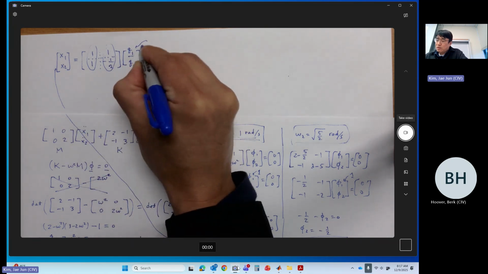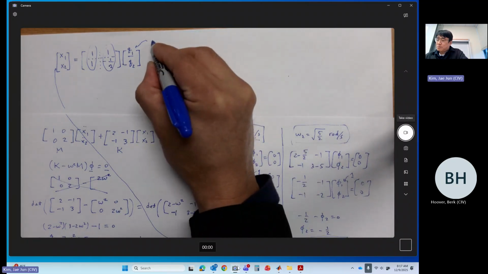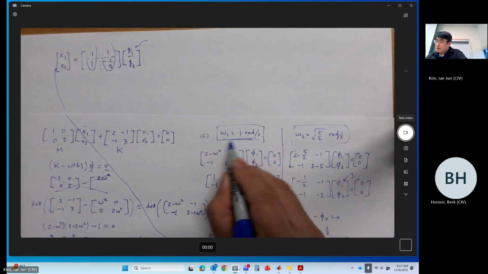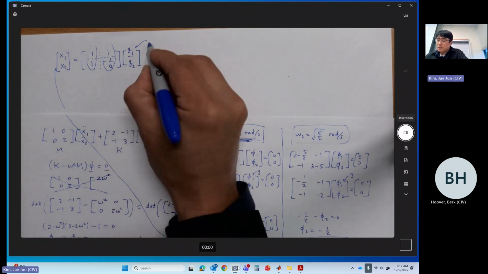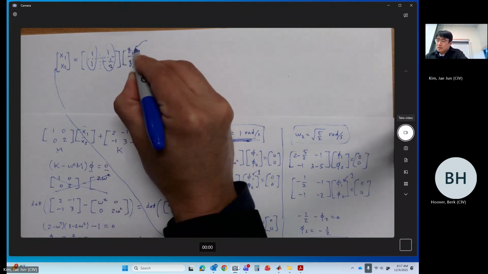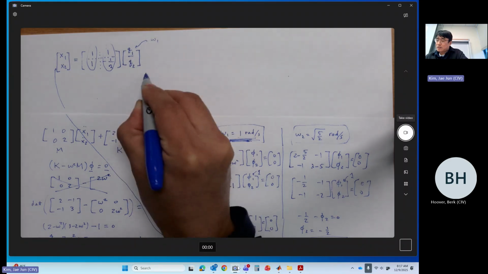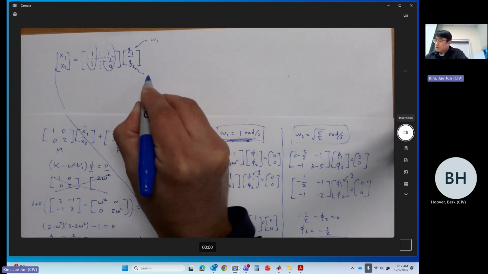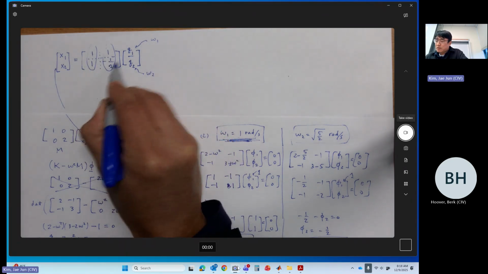So Q1 represents the simple harmonic motion at frequency omega 1. This is the temporal response to omega 1, and this is the temporal response with omega 2. And these are the shapes.